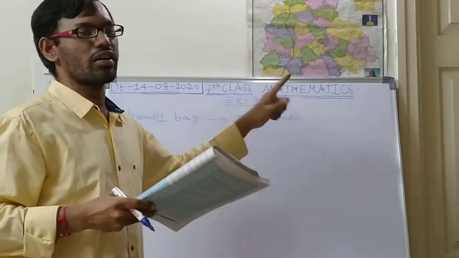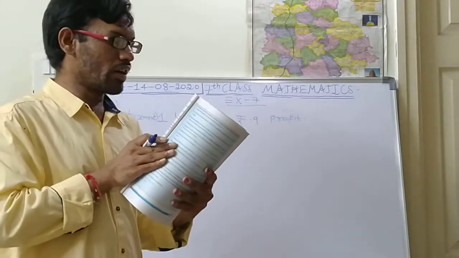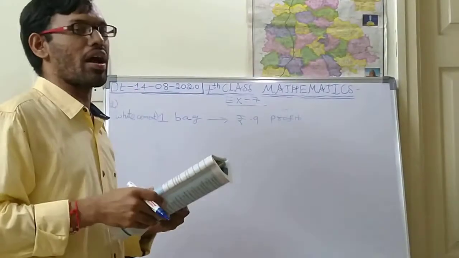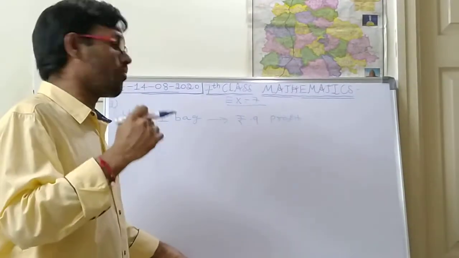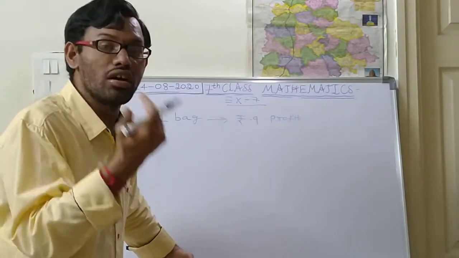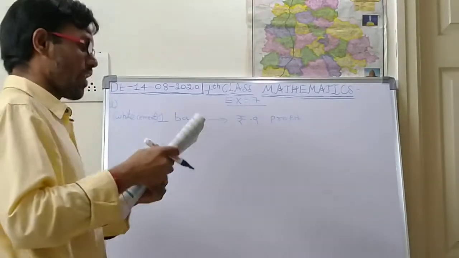For each bag they got 9 rupees extra money, 9 rupees profit, and a loss of rupees 5 per bag. Loss means they have lost money. Instead of the MRP price, they lost 5 rupees extra. Which type of bags?